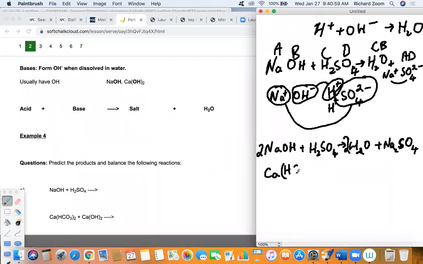So if you've got CaHCO3 2 plus CaOH2, again, we can draw pictures of what this looks like.